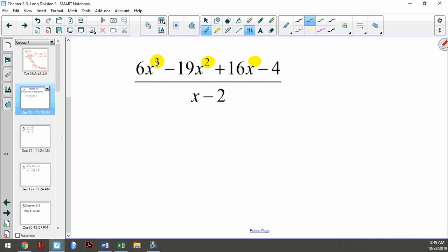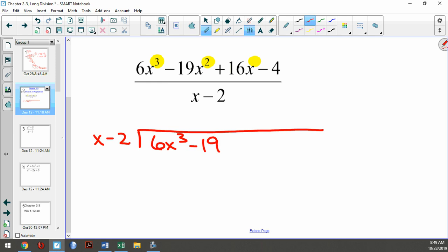Okay. So I'm going to put my divisor of x minus 2 on the outside, and my numerator on the inside.